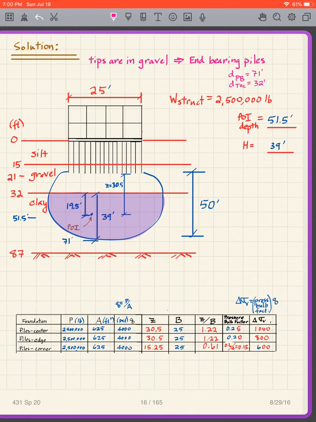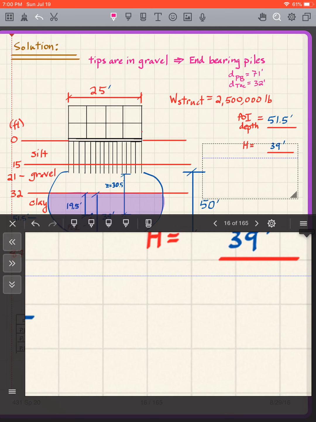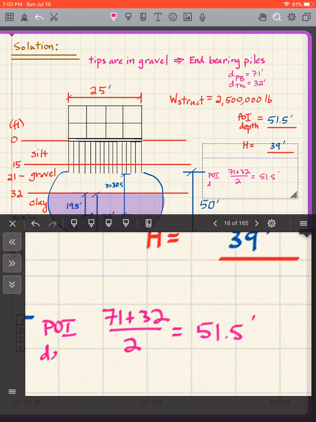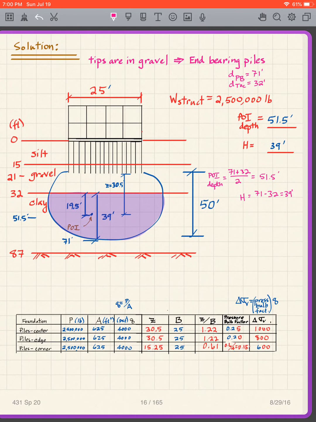So the point of interest depth is the sum of those two over 2, 71 plus 32 over 2, which is 51.5 feet. That's the POI depth. And then H is the difference between the two, 71 minus 32, which is 39 feet. That gives us the two values, the point of interest depth and the H.